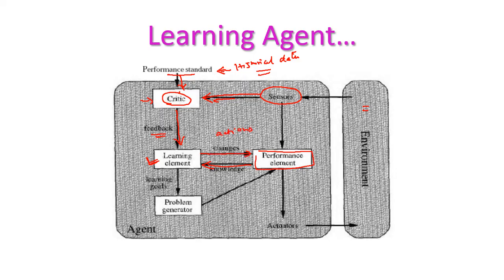It will suggest the actions to the performance element, and it will give the learning goals to the problem generator. The problem generator will generate the action, which action is to be performed, and that data will be given to the performance element. That action will be performed by the actuators on the environment.